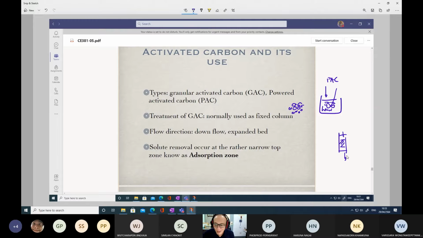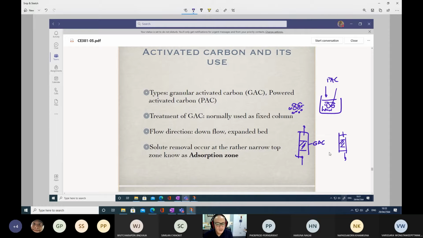The flow direction could be downflow, like this, or it could be upflow like this. We put the granular activated carbon inside, and we can use either.